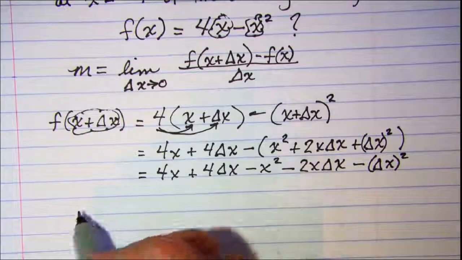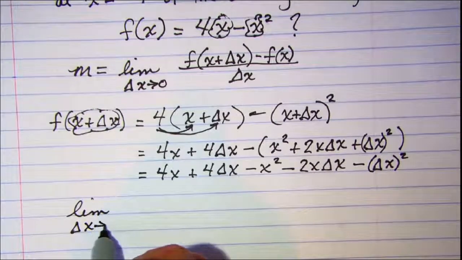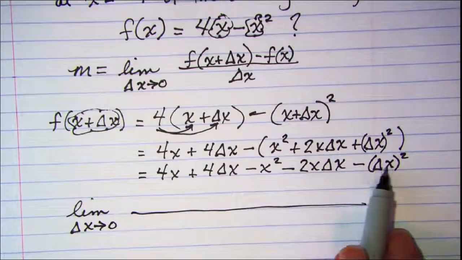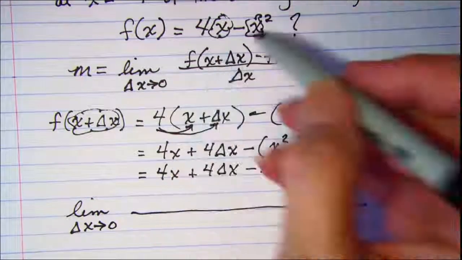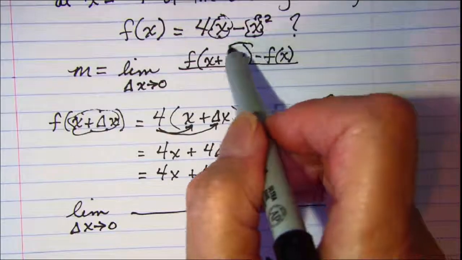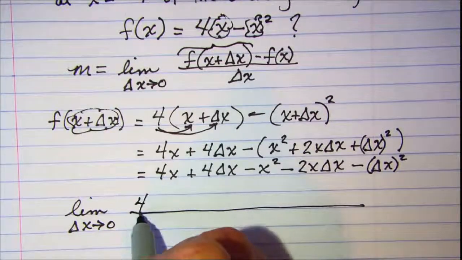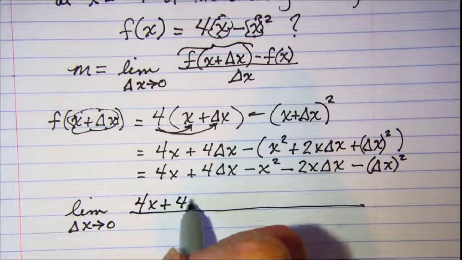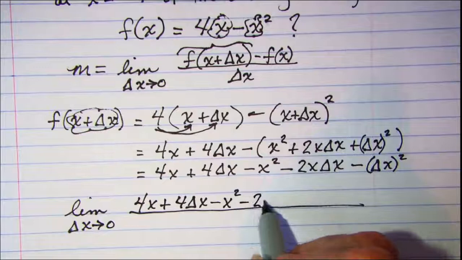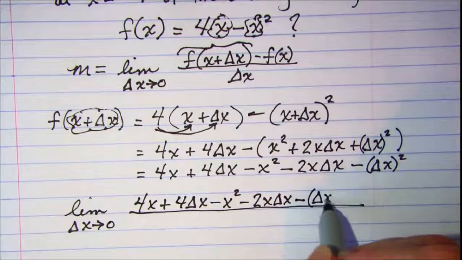So now I'm needing to find the limit as delta x approaches 0. And this expression is going to be this first part right here. So let me copy 4x plus 4 delta x minus x squared minus 2x delta x minus delta x squared.